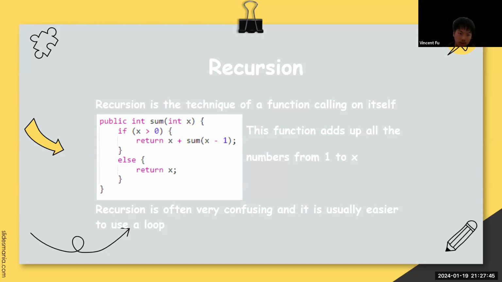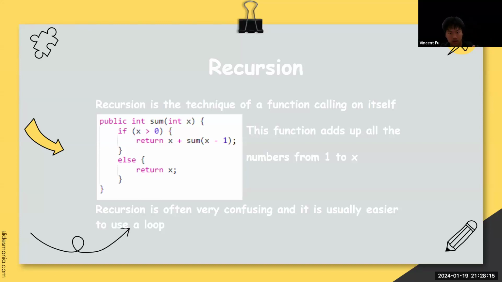So what we're doing is that we're returning x plus x minus 1, which is the one smaller than it, right? Because we're going down from x all the way down to 1. Let's say x is 10, then we go 10 plus 9, then 9 plus 8, and 8 plus 7, all the way down till when x is 0.